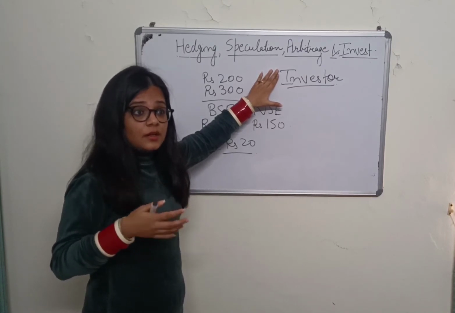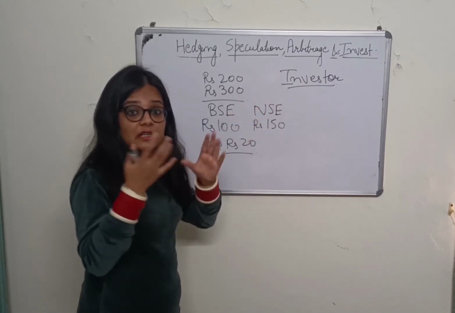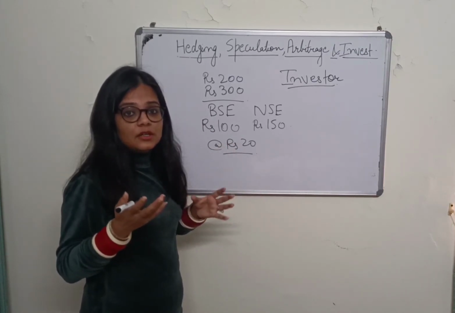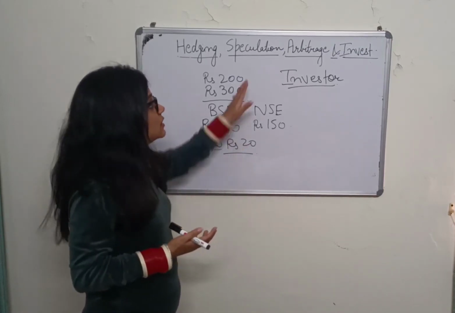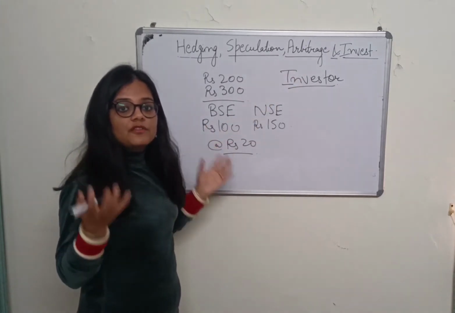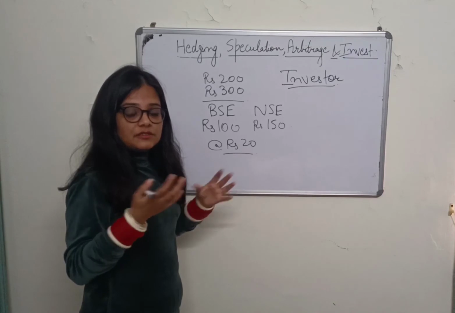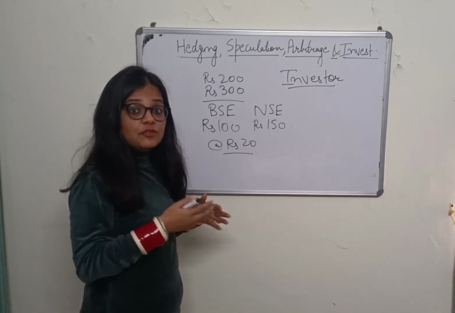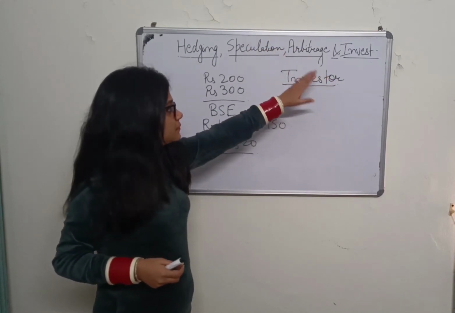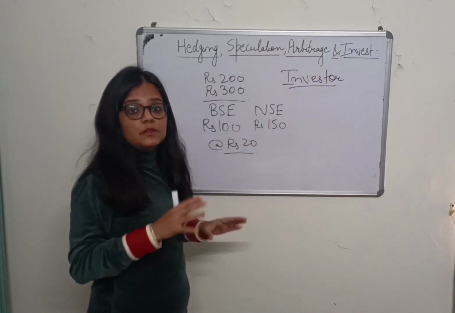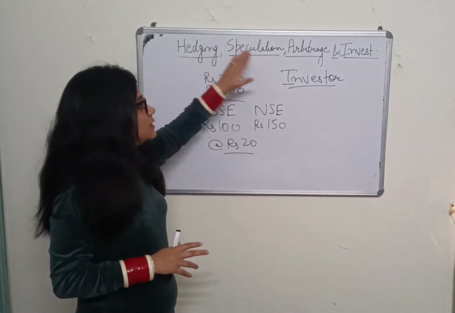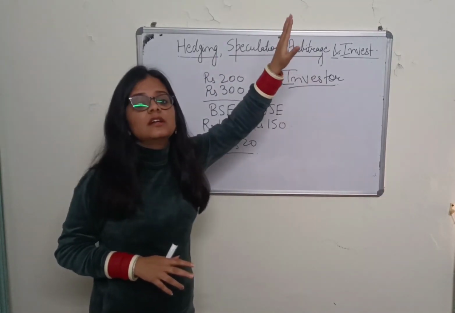That is why he is involved in the volatility of the market. उसको बेचना खरीदना ये सब बहुत पसंद है. So he loves taking risk. An arbitrager is a person who takes opportunities of changing prices in different markets, so he makes money from that without investing anything in the market. An investor is a person who keeps his money for a longer period of time, right? So this was all about hedger, speculator, arbitrager and investor.